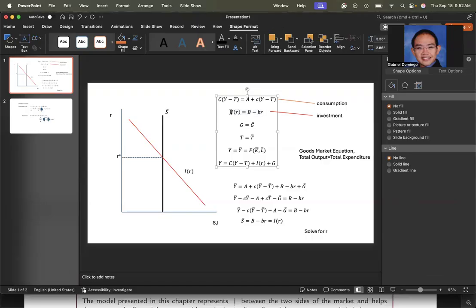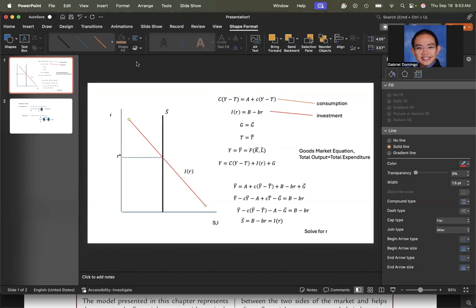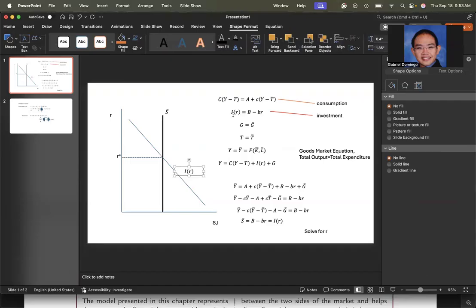So the investment here is negatively related to the real interest rate. In fact, this line that we're drawing is this one, and it has a slope of negative B. If R is 0, then your investment will be equal to B. So the maximal investment here will be equal to B.